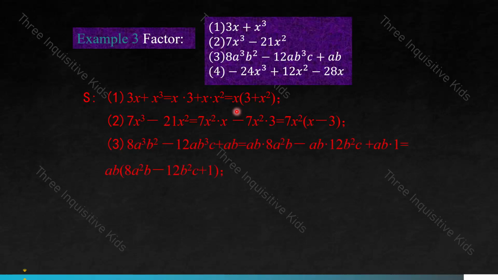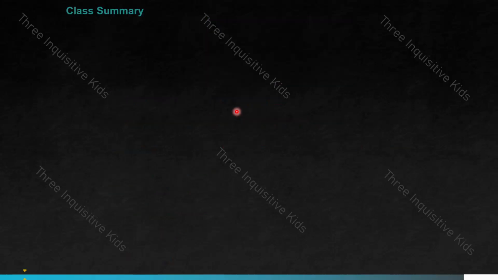And then you have the third question where you're taking out the common factor ab. And then after taking that out, you should have ab times 8a squared b minus 12b squared z plus 1. And for the final one, number 4, the common factor should have been negative 4x, and your answer should have been negative 4x times 6x squared minus 3x plus 7.